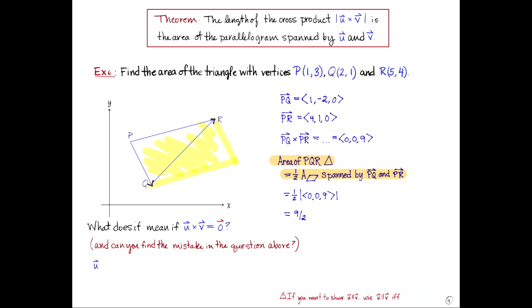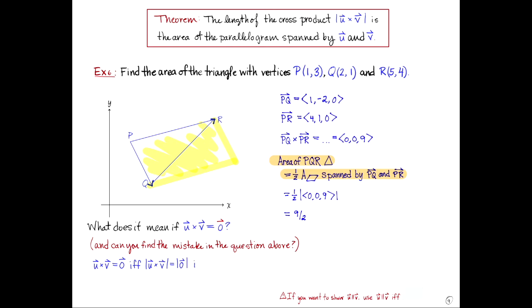U cross V is going to be equal to the 0 vector if and only if the length of U cross V is equal to the length or the magnitude of the 0 vector.